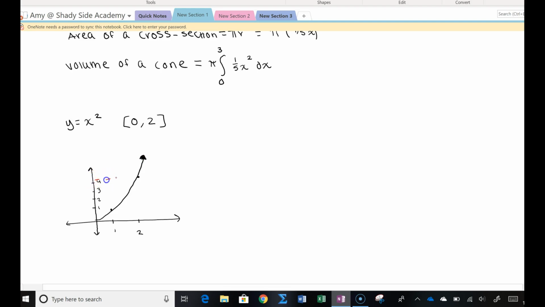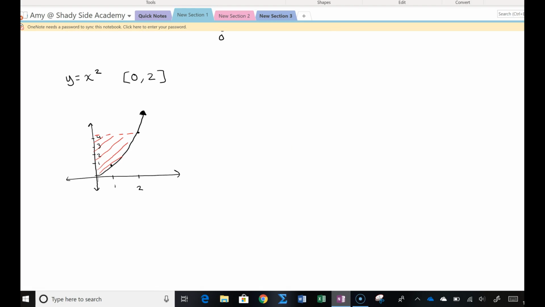Take this region that you just shaded, revolve it around the y-axis, and then with your best artistic ability, draw the solid that is occupied. It may be easier for you to describe the solid. If I take that area and revolve around the y-axis, there's a solid of space being occupied. What does that look like?